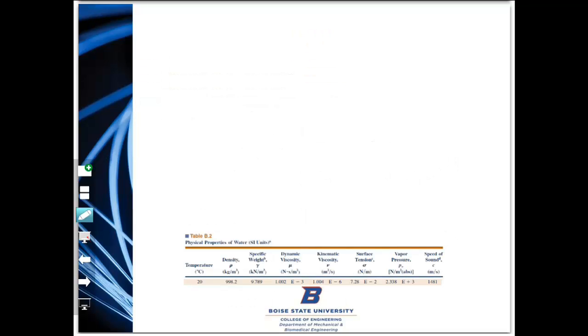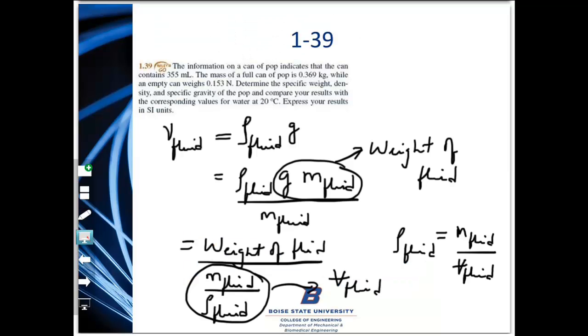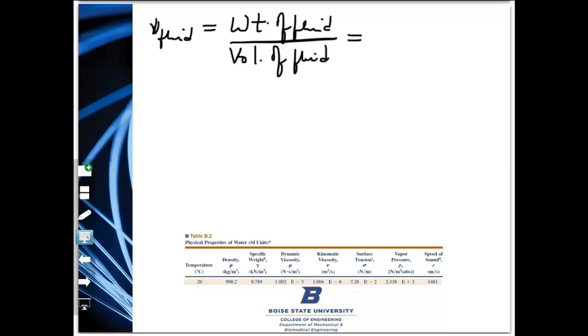Okay, so the specific weight of the fluid will then be weight of fluid divided by the volume of fluid. Okay, so how can we find the weight of the fluid? We have information here. We know what a full can mass is, while an empty can weighs so much. So we can use that fact.